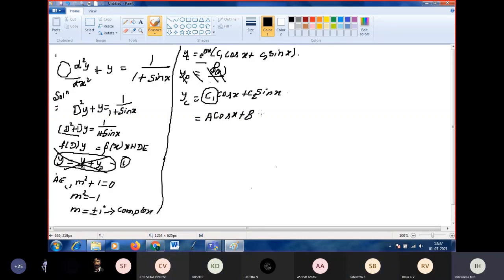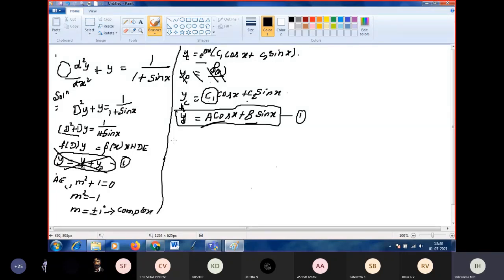Now we are varying the parameters C1, C2 as A and B. YC is reduced to Y, and this will be our general solution. I will call this equation number 1. Our aim is to find the values of A and B.